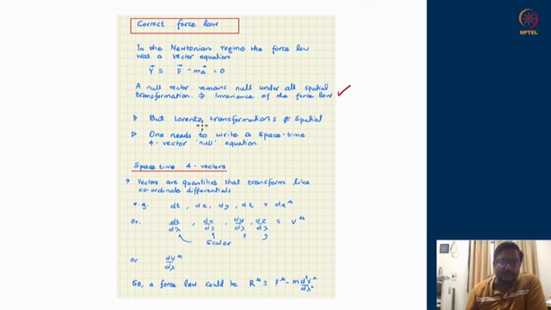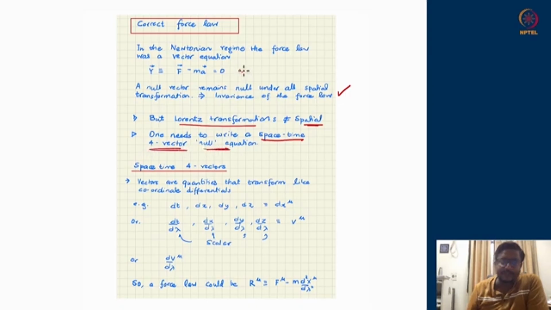Now, we have learned that the Lorentz transformation is not only spatial, it has a temporal part as well. Time also changes. So respecting only spatial vectors should not be the principle we move along. One way would be to write down the force law in terms of space-time vectors, called space-time 4 vectors, as a null equation.